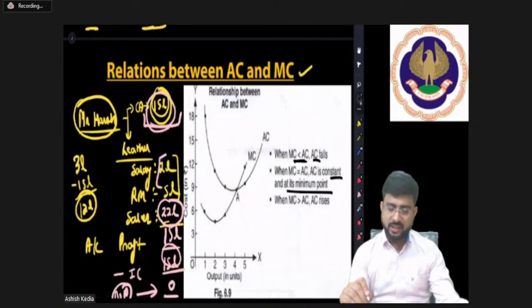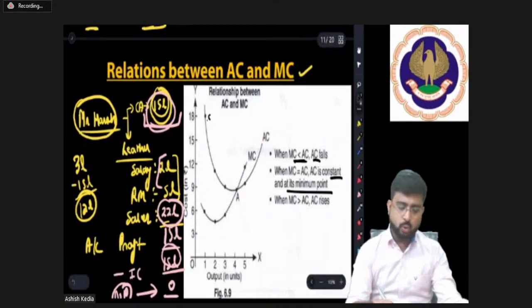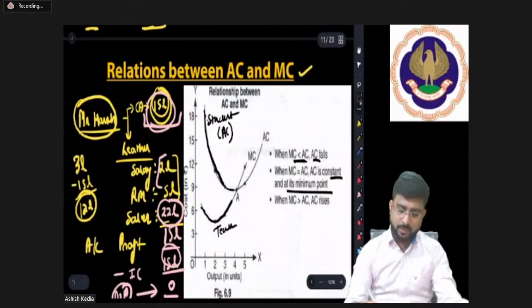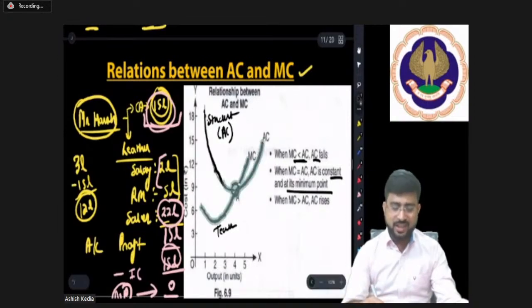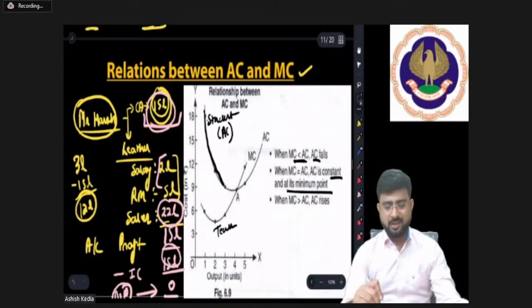It's basically like AC is a student who needs guidance. MC is like a teacher who is providing guidance. Look here, when the student, that is AC, is falling in life, the teacher is coming to meet the child. Now both are doing well in life. So MC is also rising, AC is also rising, obviously.